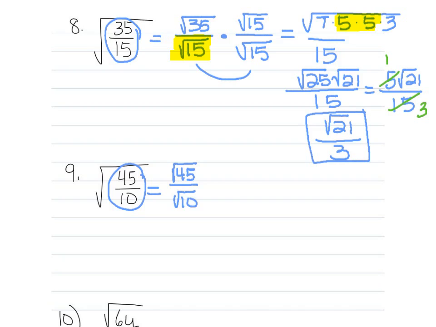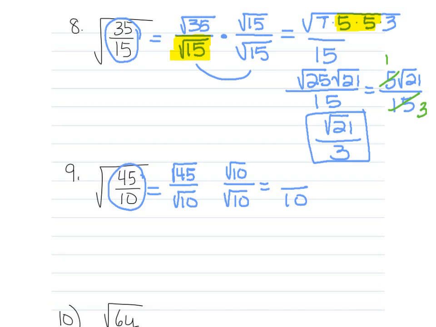The way we will get rid of it is we will multiply this radical expression by a form of 1, radical 10 over radical 10, and that will take that radical symbol out of my denominator right there. Radical 10 squared is 10.